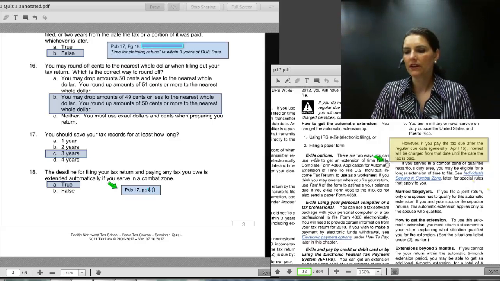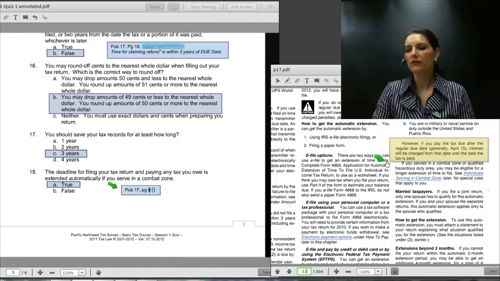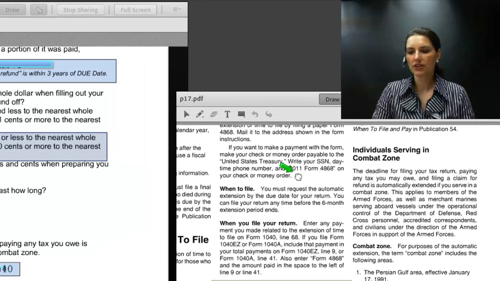If you served in a combat zone or qualified hazardous duty area, you may be eligible for a longer extension of time to file. See individuals serving in a combat zone later. And then we move down the page, individuals serving in a combat zone. The deadline for filing your tax return, paying any tax you may owe, and filing a claim for refund is automatically extended if you serve in a combat zone.